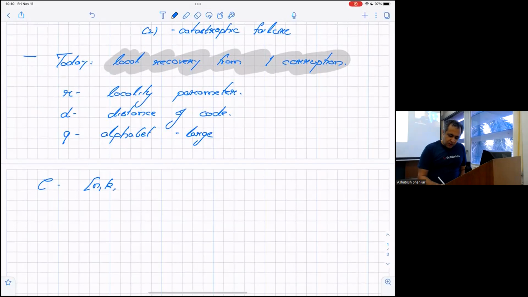So we'll say we're going to have an (n, k, d) code, and all these definitions work even for non-linear codes, but we will restrict to linear codes.